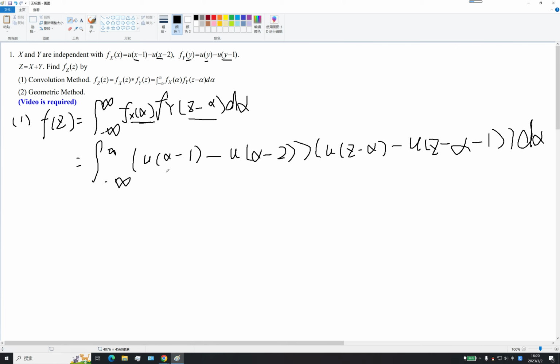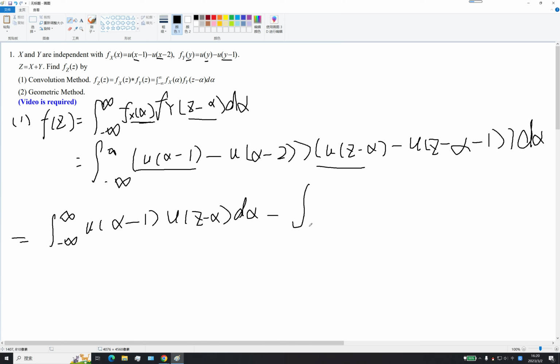So we take this in each component. This multiplied by this equals the integral of u(alpha minus 1) times u(z minus alpha) d alpha, and minus this component, u(alpha minus 2) times u(z minus alpha) d alpha, then minus this component.